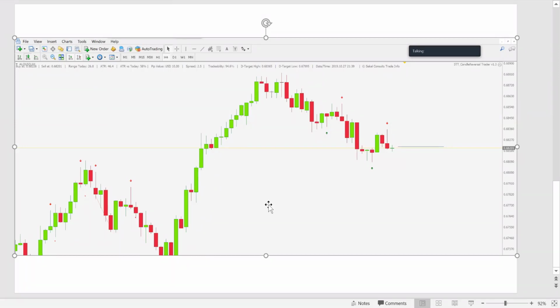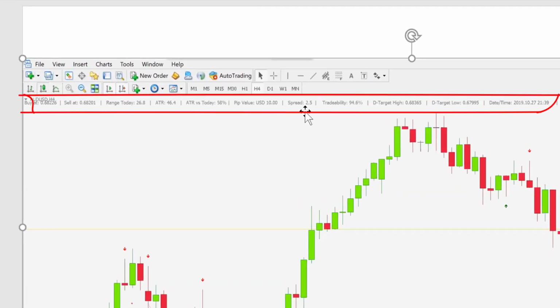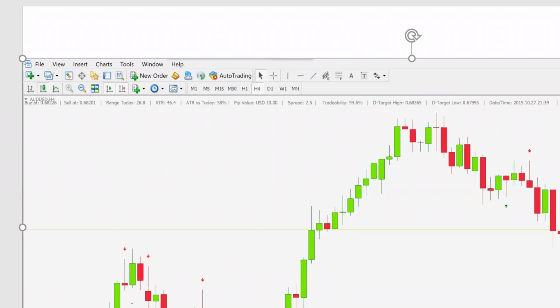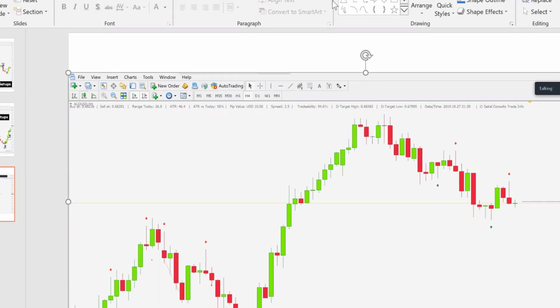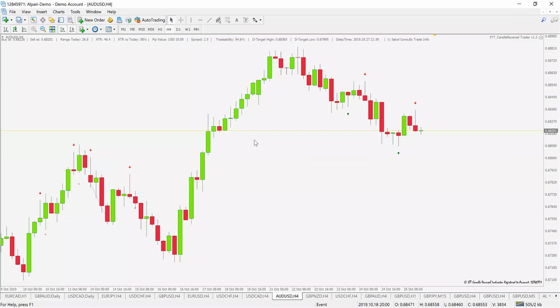One thing you have got from me is this trade information indicator. Let me share another screen. This was the chart I did a screen dump of.